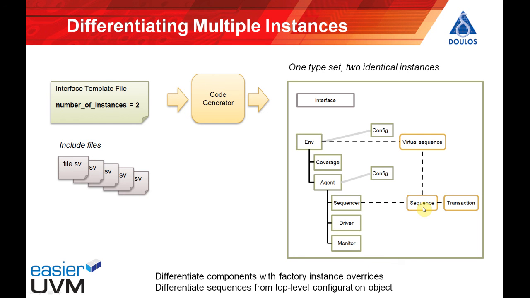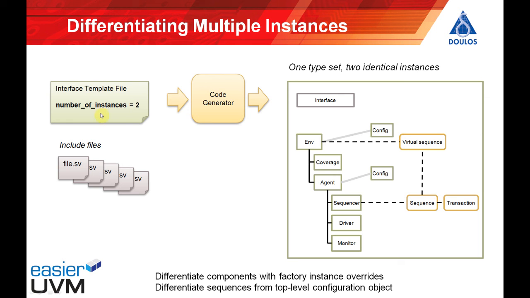In the case of transactions and sequences, you haven't got that luxury even if you want it, because you can't use UVM factory instance overrides on sequences and transactions because they're not components. You can set factory type overrides, and Easier UVM makes it extremely easy to do that.